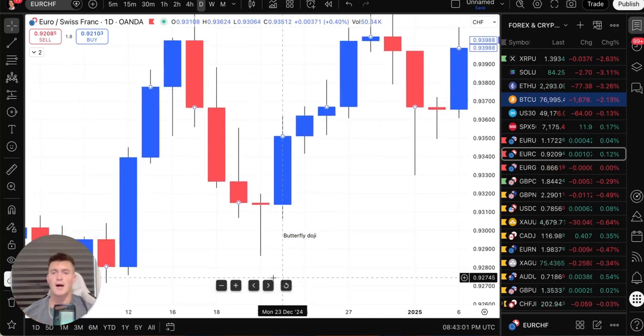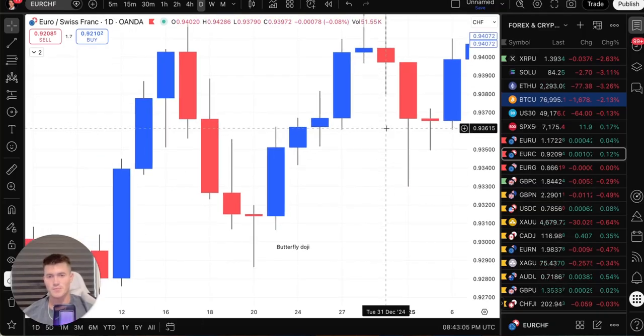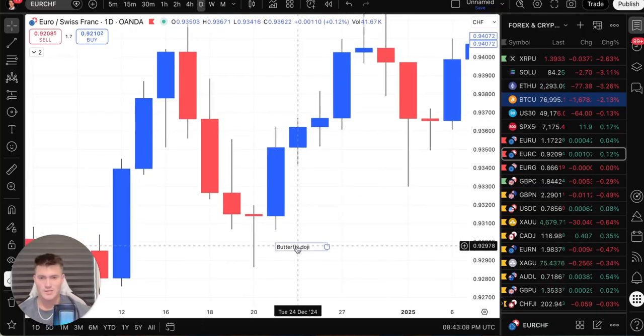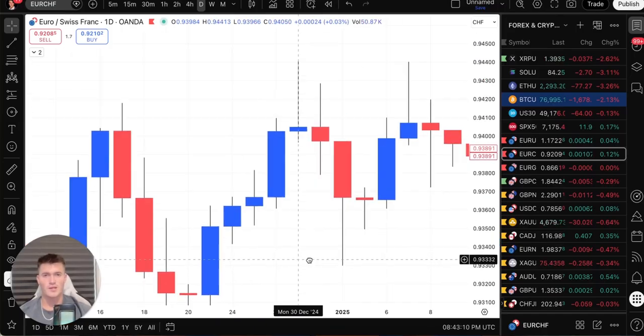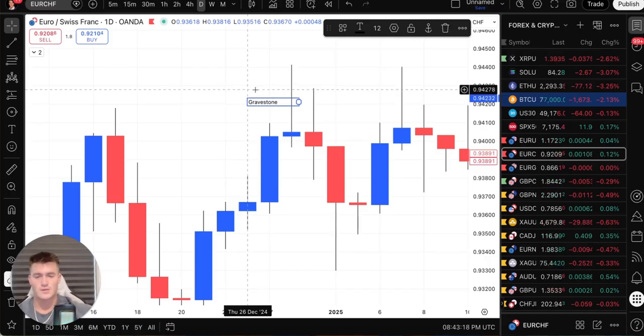Butterfly doji, buyers are taking over. Gravestone doji, sellers are taking over. Okay? So they look like this. But I'll go ahead, I'll just put butterfly doji there, and then gravestone doji right here. But I just call them dojis. That's what they are. And you can just kind of tell bullish and bearish dojis. There you go. Gravestone doji.